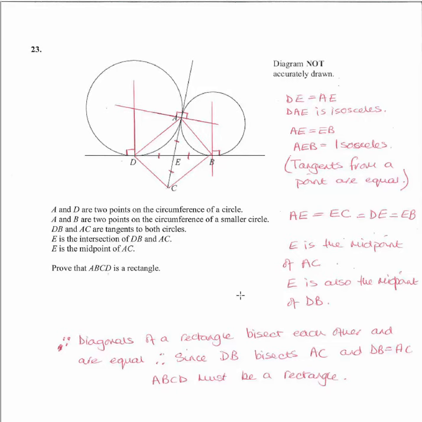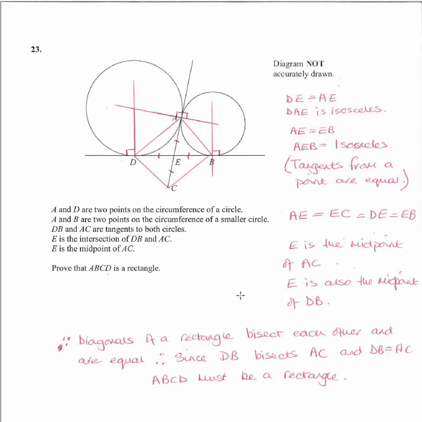Where does it tell us? E is the intersection of DB and AC. So that means that AE and EC are the same. That was given to us. So basically, that and that and that and that are the same.